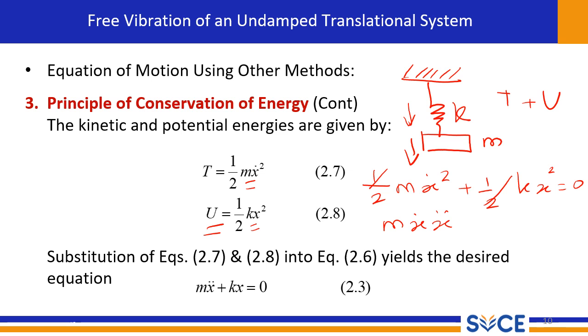The derivative of k x square becomes k x x dot. Let me note that both terms have x dot, that is velocity. Assuming the velocity is not equal to 0, then m x double dot plus k x equals 0, which is the familiar equation of motion for an undamped single degree of freedom system.